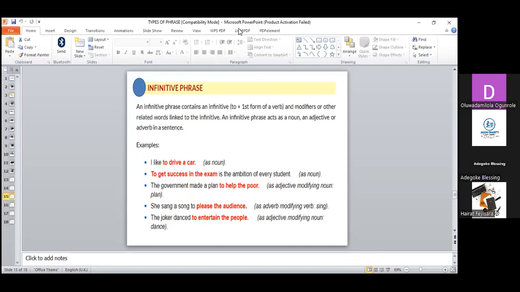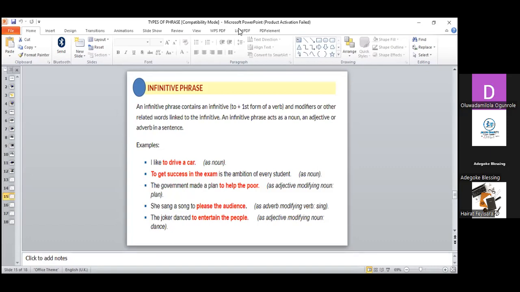Now we have an infinitive phrase functioning as a noun in a sentence, at the object position. So the expression to drive a car is functioning as a noun in the object position of the sentence.